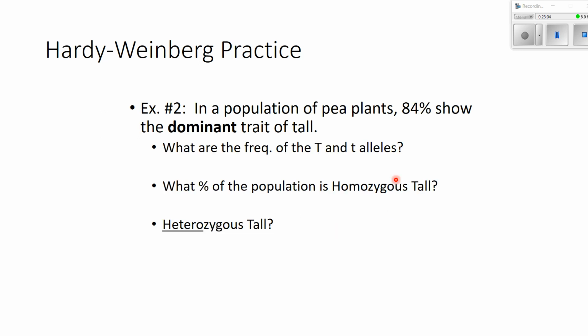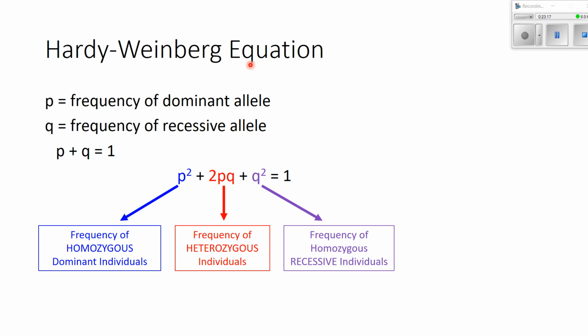All right, with that in mind, in a population of pea plants, 84% of those plants show the dominant trait of tall. Now, before we go any further, let me back up and tell you one more thing about this equation. If the given information in the problem talks about an allele, like 16% of the alleles are recessive alleles, or 84% of the alleles are dominant alleles, then they are giving you an allele frequency.